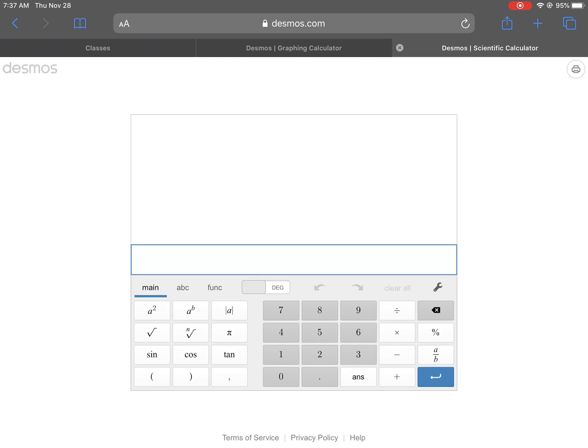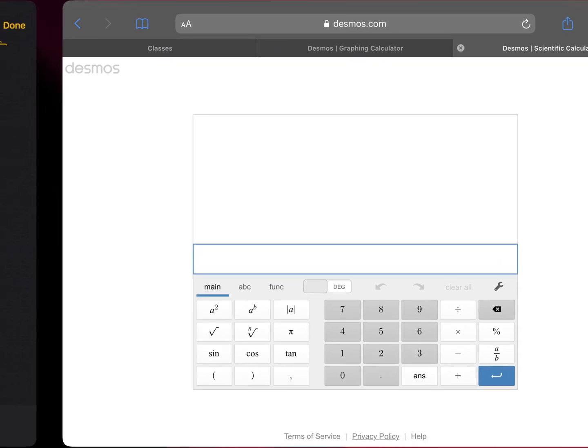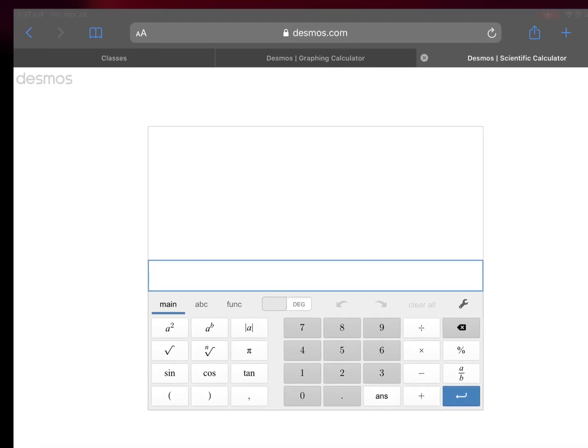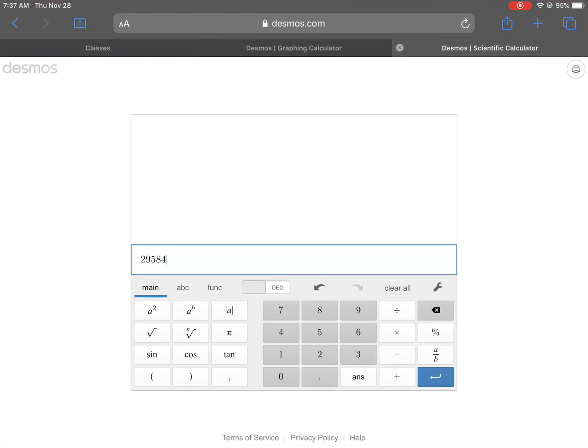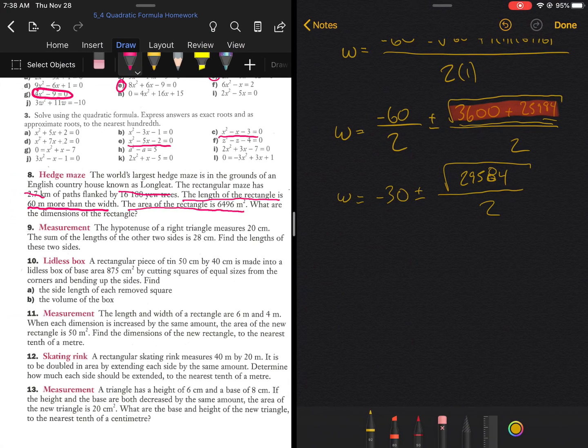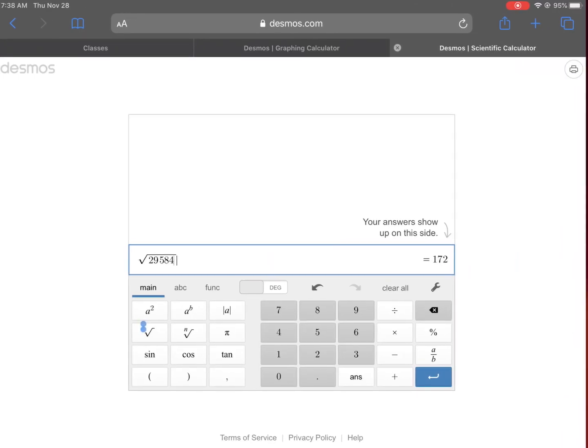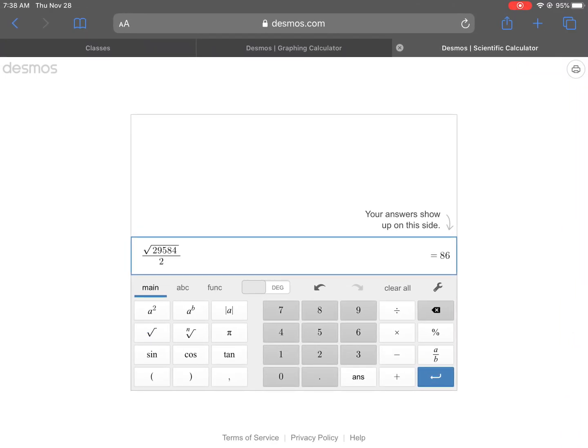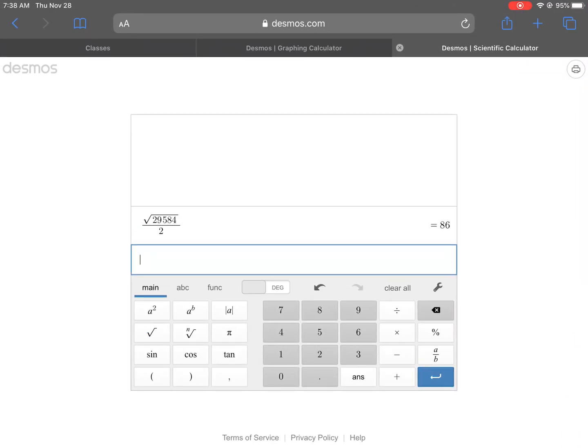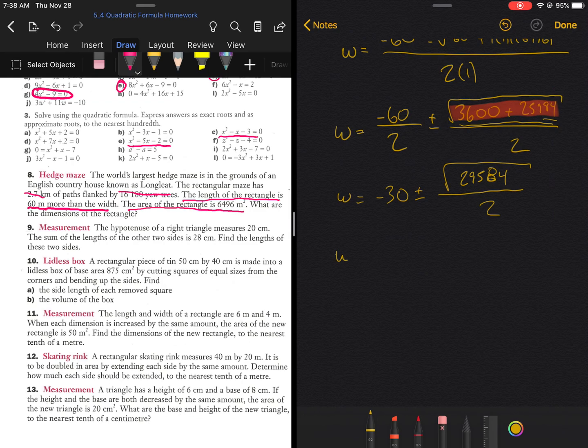I don't know if the iPad comes with a proper calculator, but I do know that Desmos does. So the square root of 29,584 is 172. And 172 divided by 2 is 86.